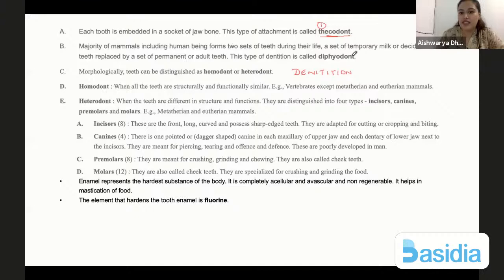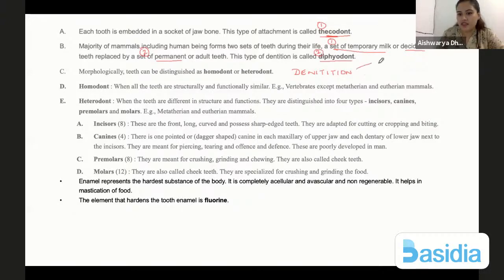The first set of teeth is the temporary teeth, or milk teeth, or we also call it deciduous teeth. And second is permanent teeth, which is the adult teeth, right? So this type of dentition where there are two sets of teeth during the lifetime is known as diphyodont.